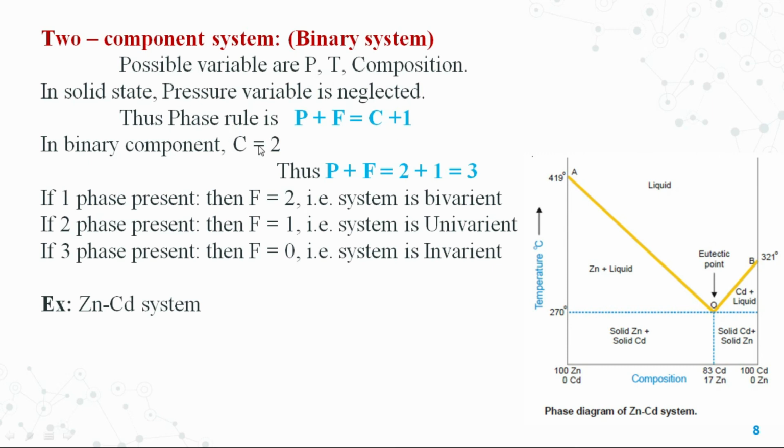And in the case of a binary system, the component C is equal to 2, so P plus F equal to 3. So using this, if one phase is present, then the degree of freedom equals 2. If two phases are present, then the degree of freedom equals 1. And if three phases are present, then the degree of freedom equals 0. An example of a two component system is the zinc cadmium system, which you can see on this screen.